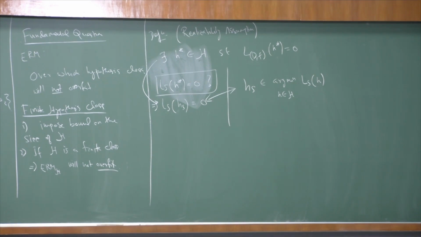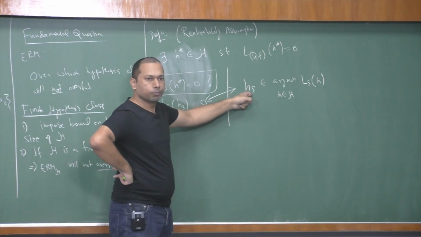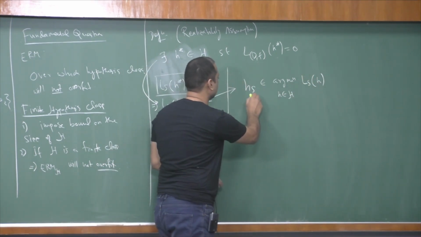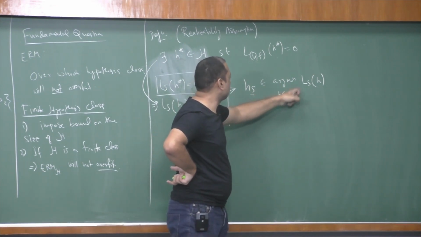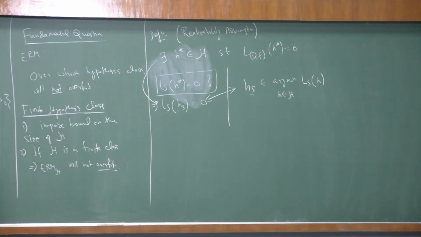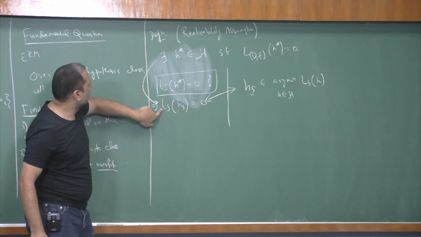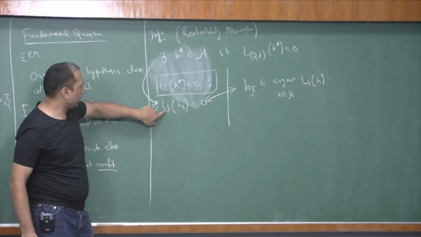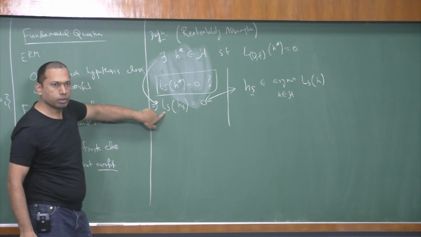Okay, so that's like the true error is 0, and HS is a hypothesis that I learn by looking at the training data. That's why it's S, the sample. And I find an H in the hypothesis class for which the training error is 0. So what we conclude from here to here at least is the realizability assumption must ensure that LS of HS is 0, right?